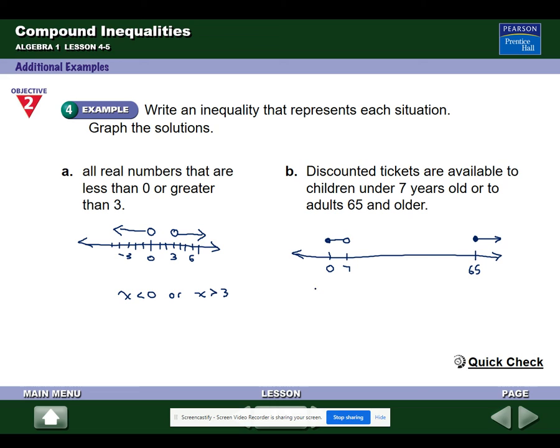So again, don't be too hung up on the fact that I'm going to combine two things. But basically, we have a segment, an interval here, and then we have an or this as well. So really what we have is 0 less than or equal to, I guess I'll use x, you could use a for age or something like that, x less than 7, or x is greater than or equal to 65.